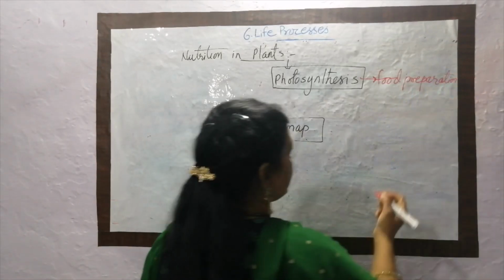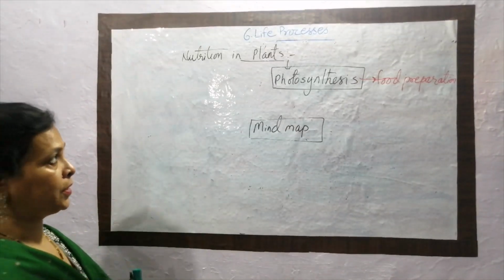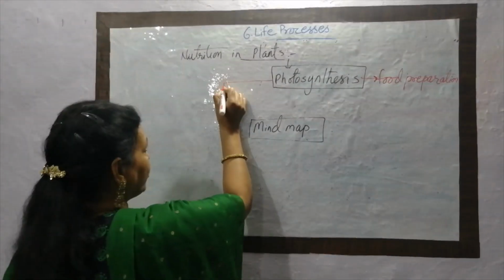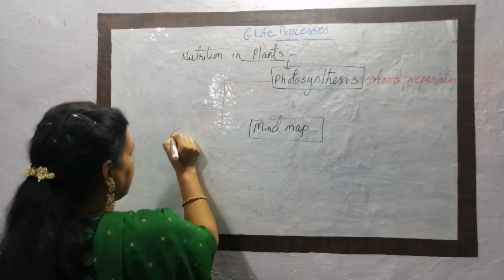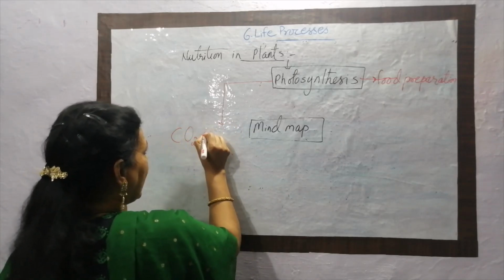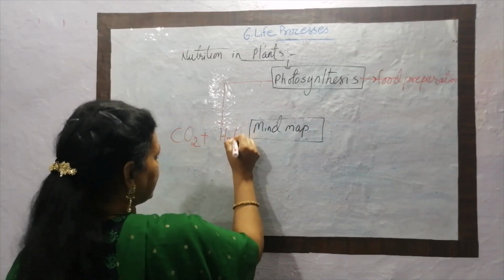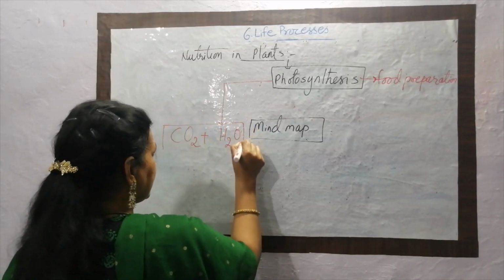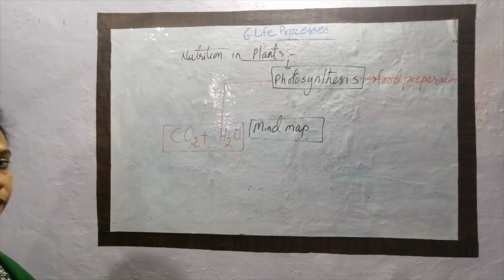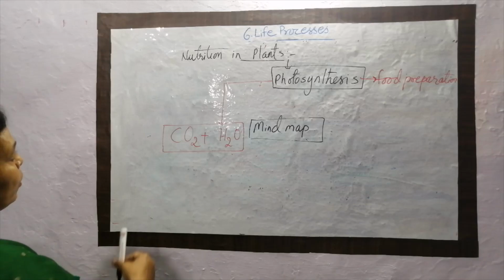But it is not so easy a process. It needs some substances. What are the substances needed for this? It needs carbon dioxide and water. Now what is the source of carbon dioxide?